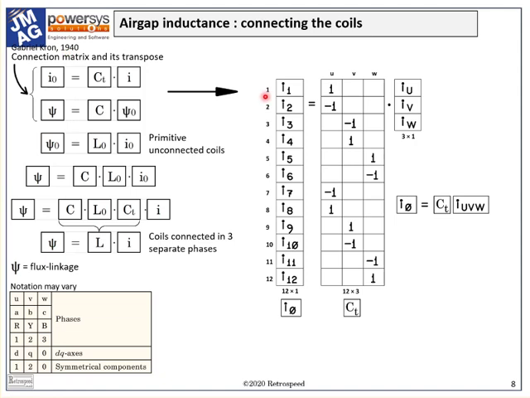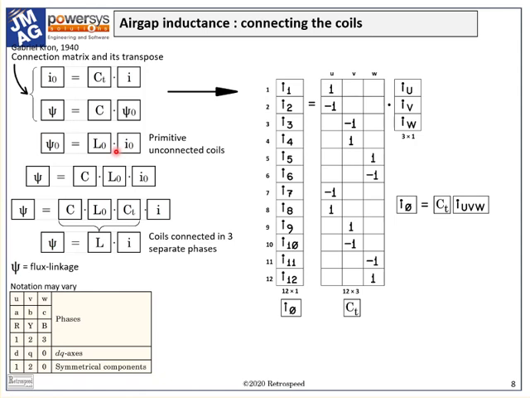We have 12 coils, and each one has a current and a flux linkage. So psi naught and I naught are vectors of dimension 12, and there is a 12 by 12 matrix L naught, which is the matrix of all the inductances between these coils, self and mutual, before any connections are made between them.